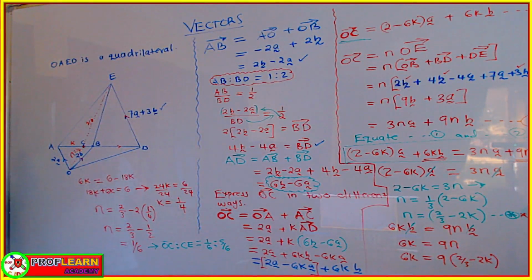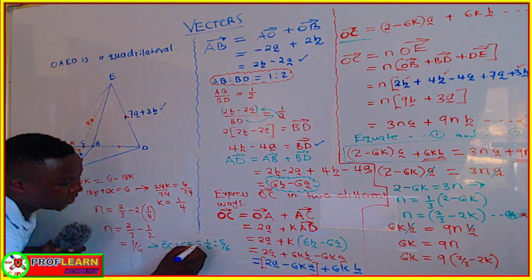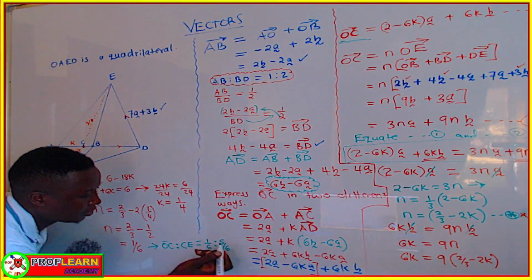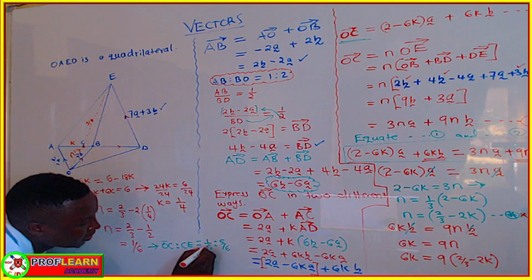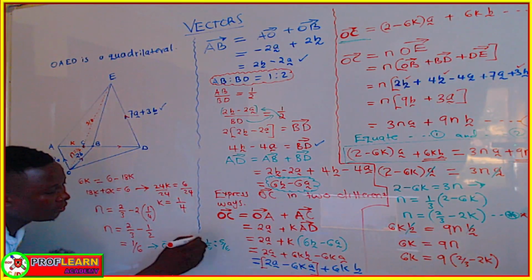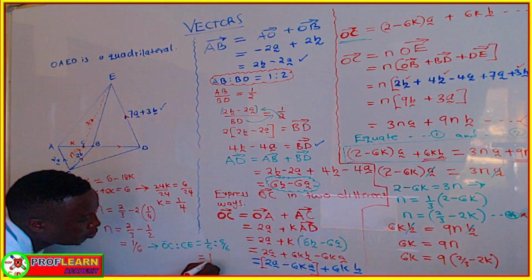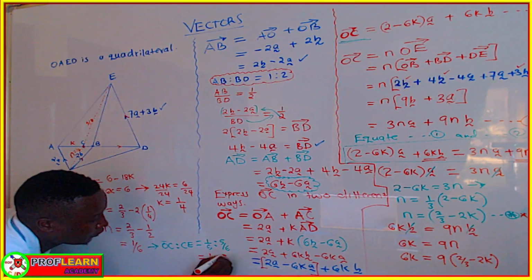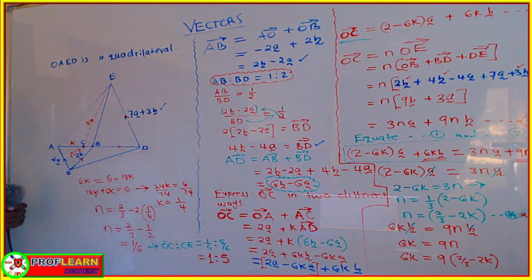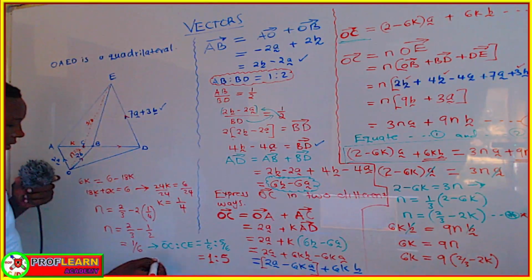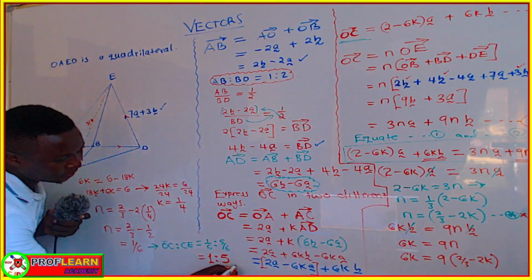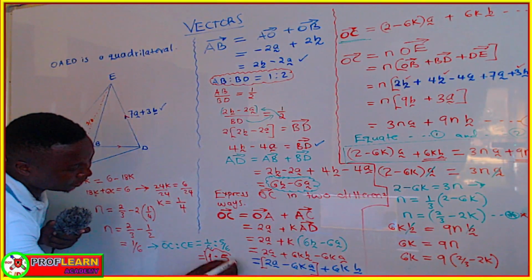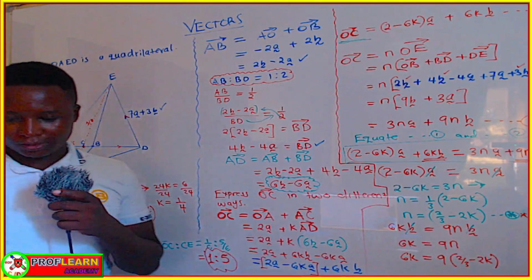If we simplify this ratio, we multiply both sides by 6, the 6s cancel, and it is simplified: 1 over 6 ratio 5 over 6 is 1 is to 5. That's the ratio representing OC to CE, so this is the final answer we were to write.